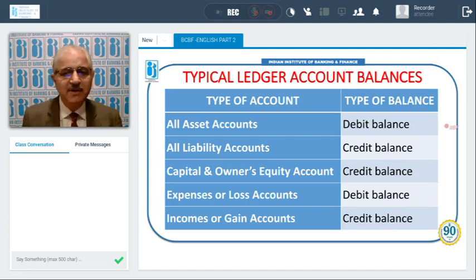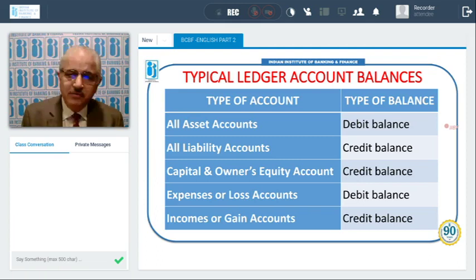For example, if I am a businessman and I start a new business, I invest 1 lakh rupees. It becomes my capital in my books. The entry in my books would be cash account debit to owner's capital account. So the owner's capital account, where my name would be mentioned, would always have a credit balance.